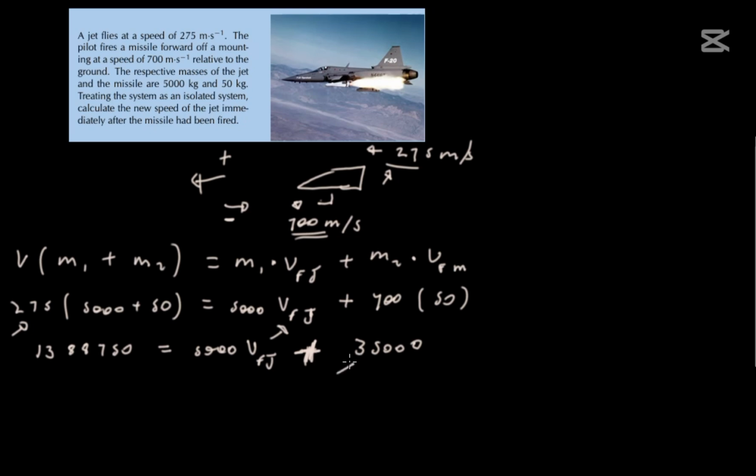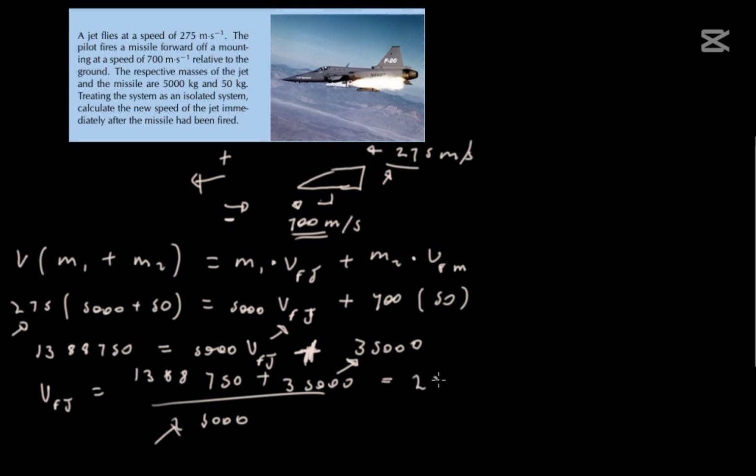Now you can take this one to the left side. Now you are going to get VFJ equals, when you put this on the calculator, you are going to get 270.7 meters per second. So this will be your answer.